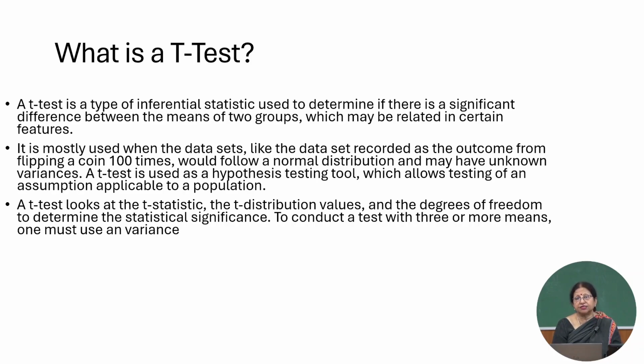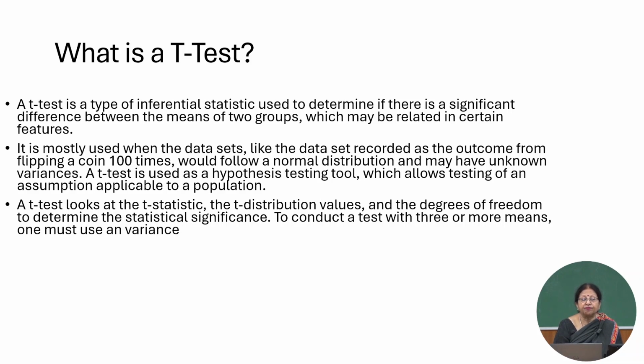So what it means is that when you have inferential statistic groups, how do you determine which one is closer to the mean? And there they have given an example that if you flip a coin 100 times, there is a probability of whether it will have heads or it will have tails. And so, with the help of t-test, this hypothesis can be proven.